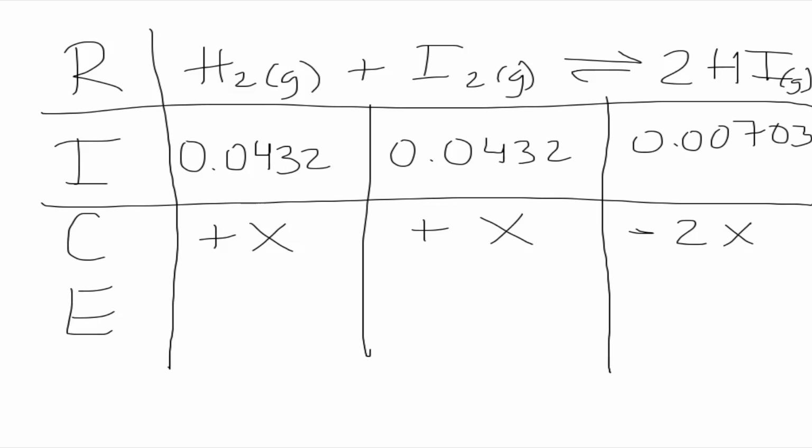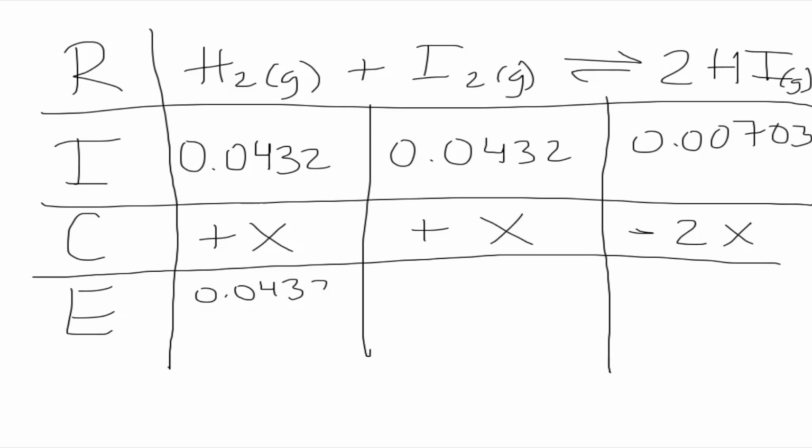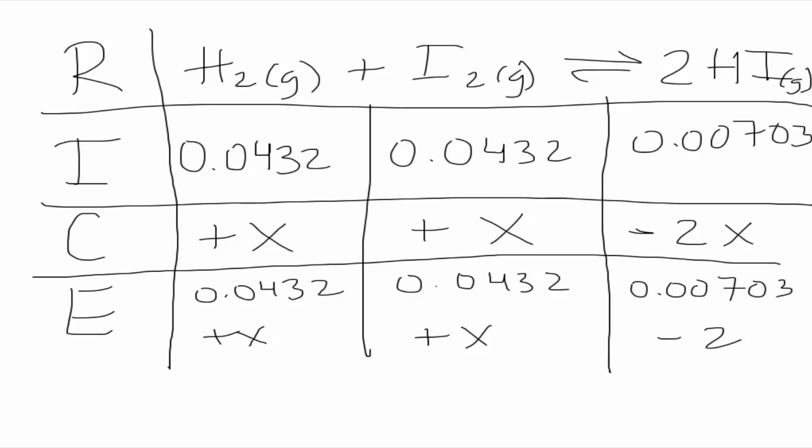Finally, the last step was equilibrium, E, and that was just adding I plus C. So this would simply be 0.0432 plus x. This would be the same, and this would be 0.00703 minus 2x.